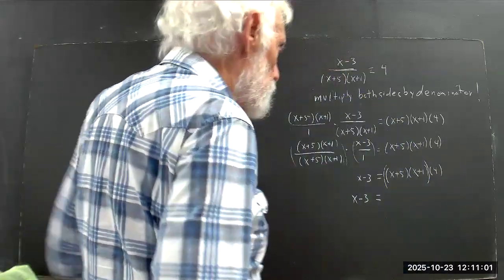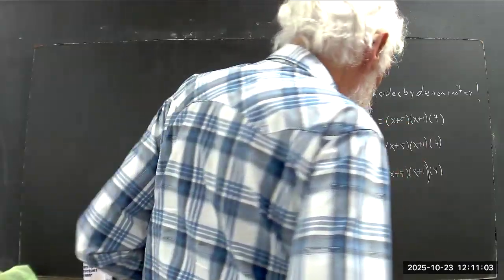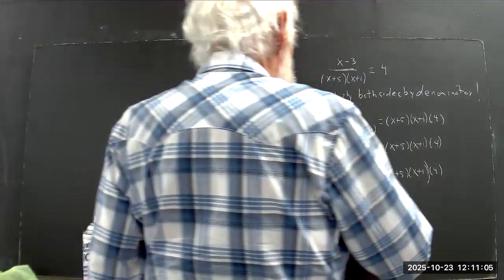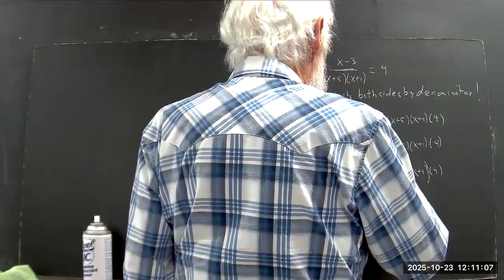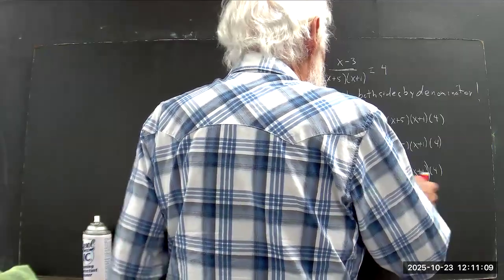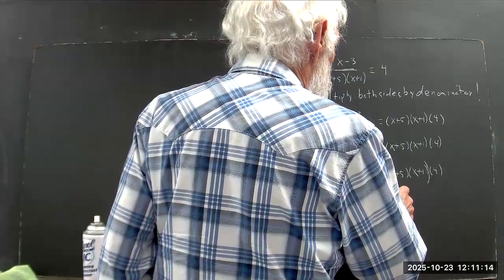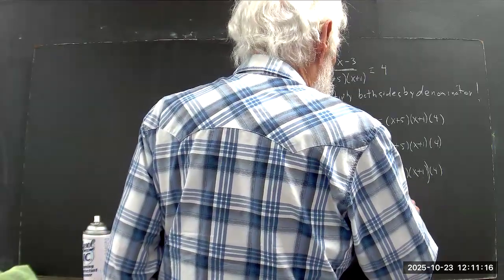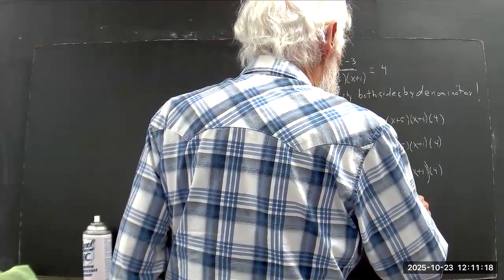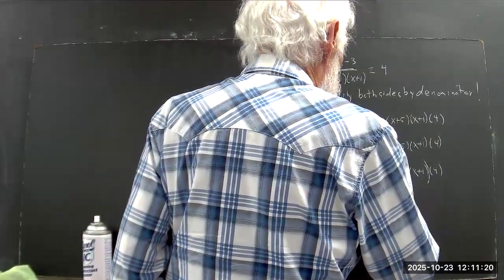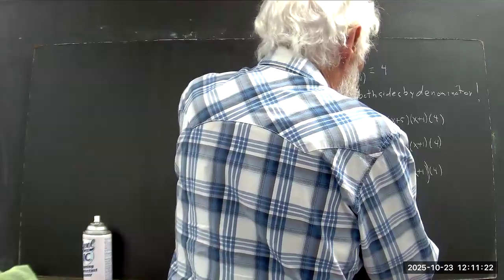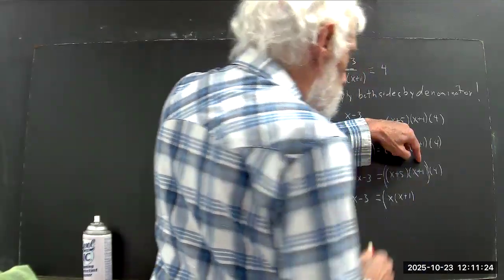Now I'm putting an extra set of parentheses around x plus 5 times x plus 1 because I'm going to expand this product. I get x times x plus 1. X is here and is one term in something that multiplies x plus 1.